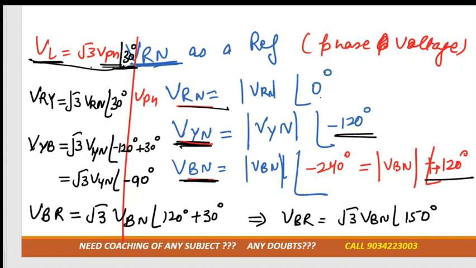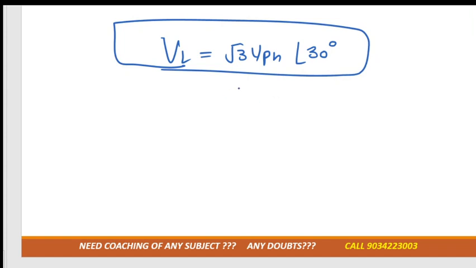Again, I'm briefing what I told you: VL is equal to root 3 VPH, the relationship between the line voltage and phase voltage, and the angle difference is 30 degree. We need to consider it for phase voltage as well as for the line voltage.